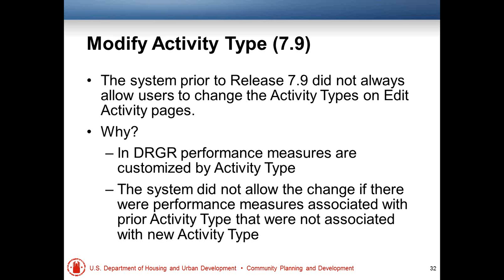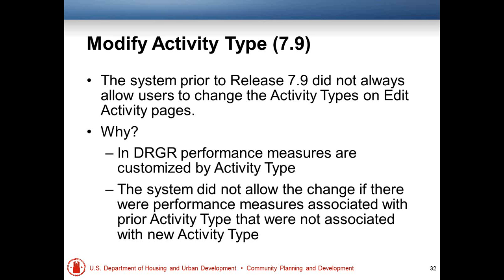The main reason was that in DRGR, the activity type is directly correlated with the different performance measures available. The performance measures that you see, for example, number of houses, number of units built, number of units sold, number of units bought, number of jobs created, all appear to you based on the activity type you chose.